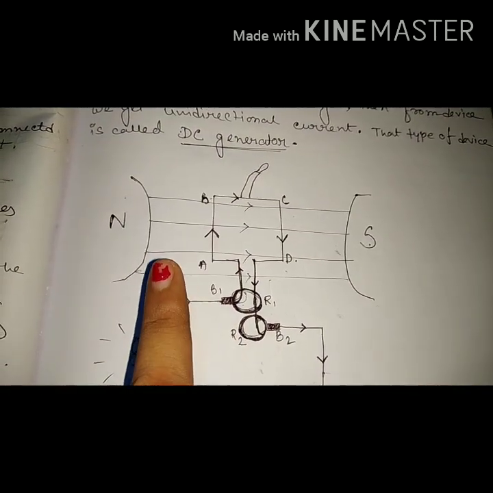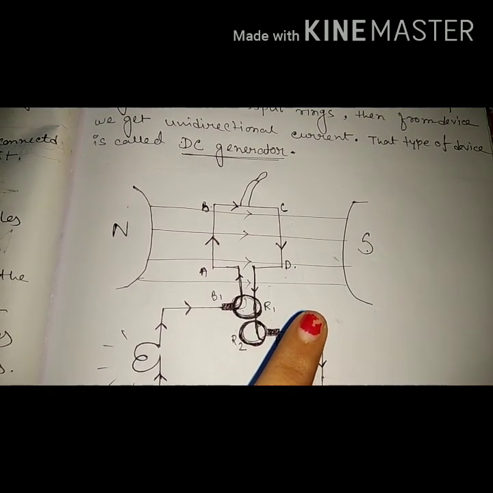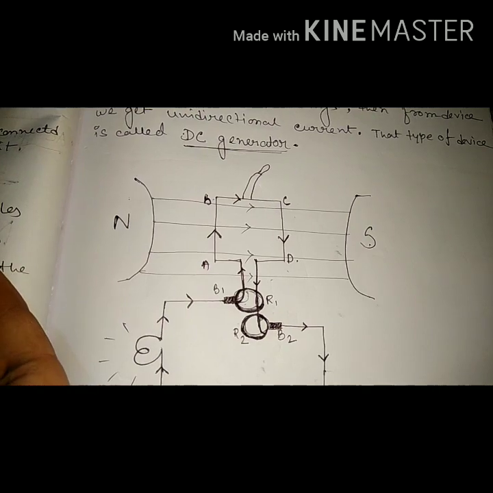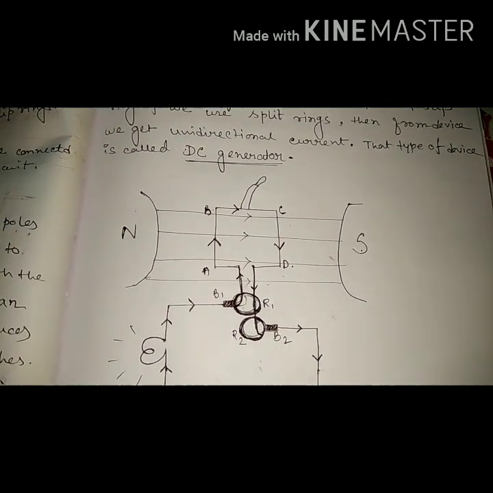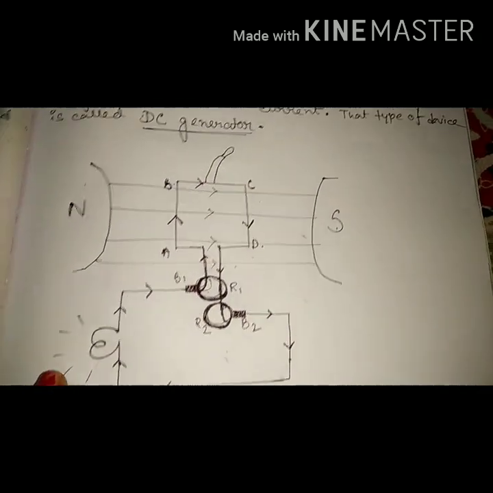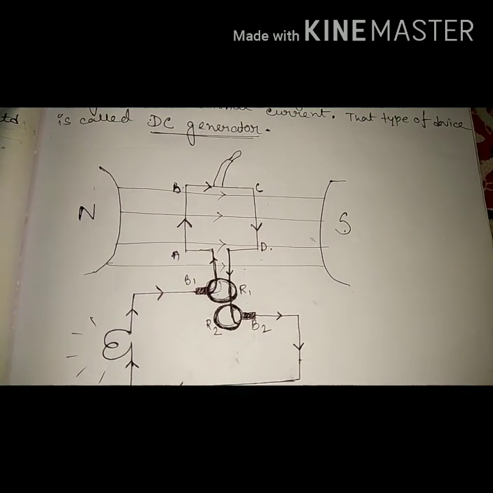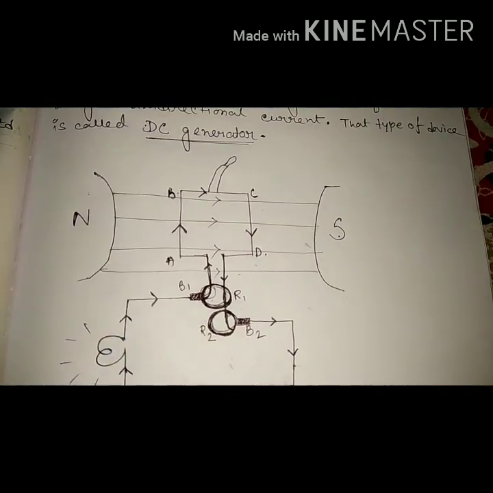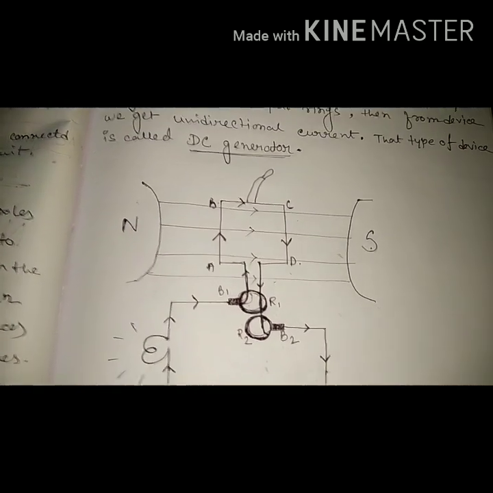We know the galvanometer zero is at the middle, so if one deflection is this side, another is this side, that means this is an AC generator which changes its direction periodically. Or otherwise you can use the bulb. If the bulb glows, that means the mechanical energy is converted to electrical energy, or current is induced inside it.